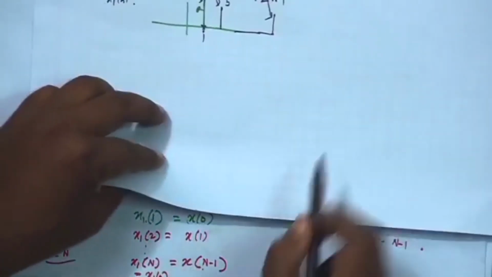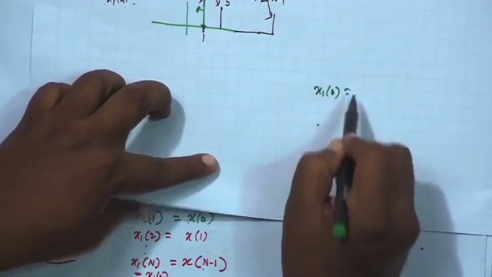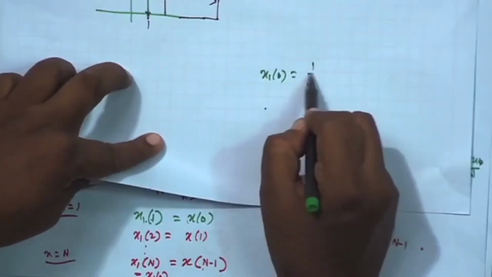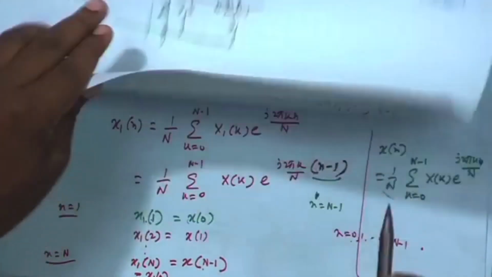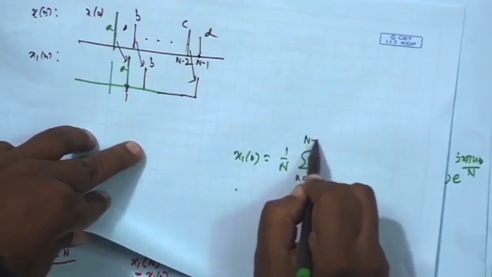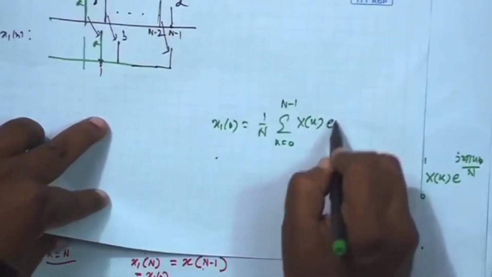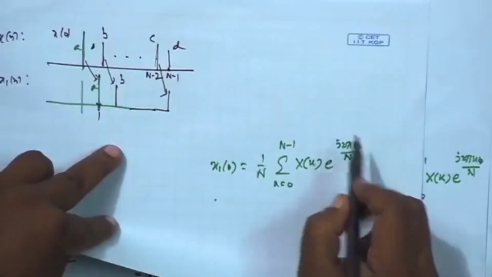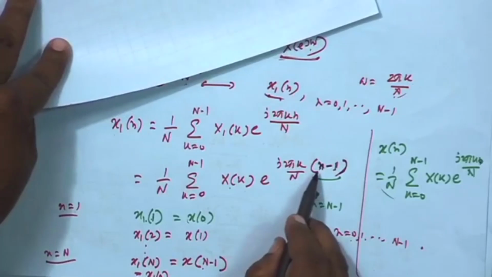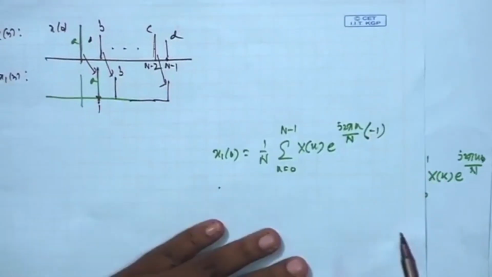What is x 1 0? An alternative view of x 1 0. X 1 0 means in this formula, 1 by n, sum over k equal to 0 to n minus 1, x k e to the power j 2 pi k by n into small n is 0, right. So 0 minus 1 minus 1.